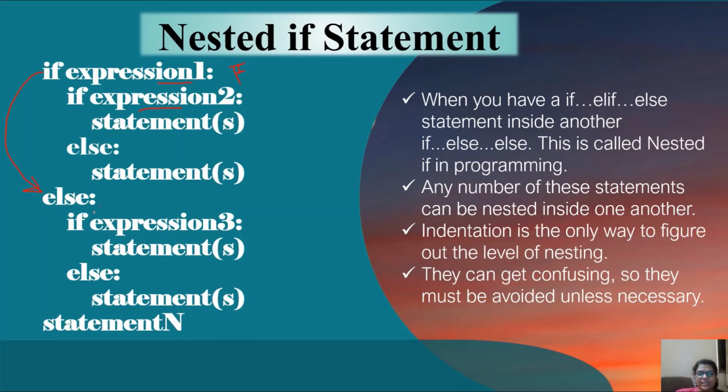Inside this else part, I again have one more condition to check. I will go for checking of expression 3. If this expression is also true, the statements written in this block will be executed. If the first expression is false but the second one is also false, in that case I come to this block and execute the statements written over here.